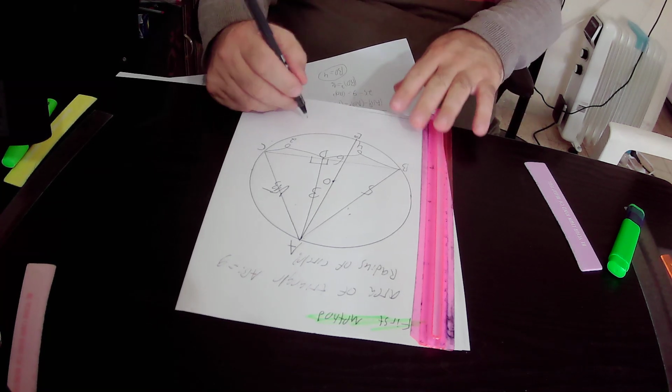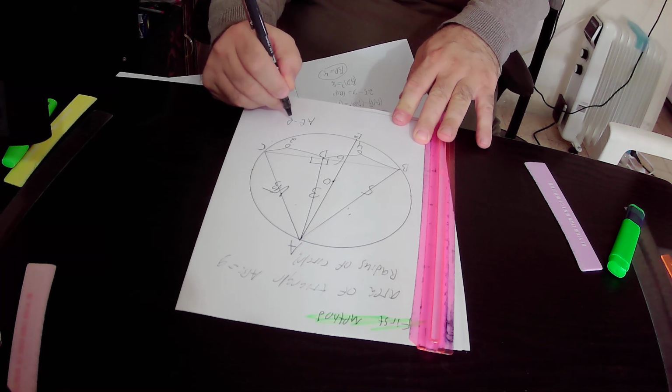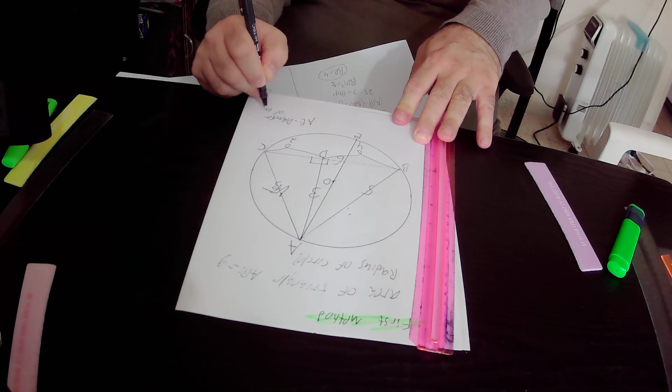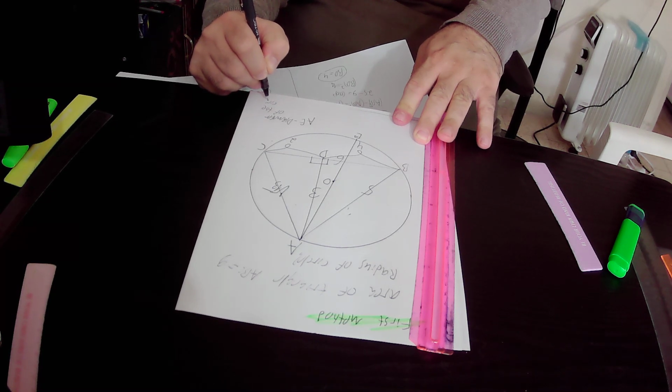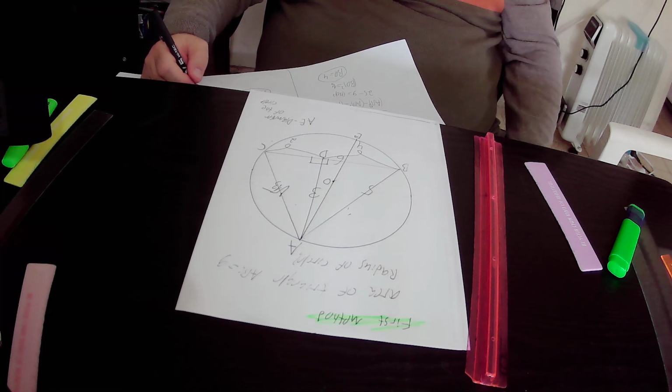So here AE is the diameter of the circle. Why? Because it passes through the center of the circle. So AE is the diameter of the circle.